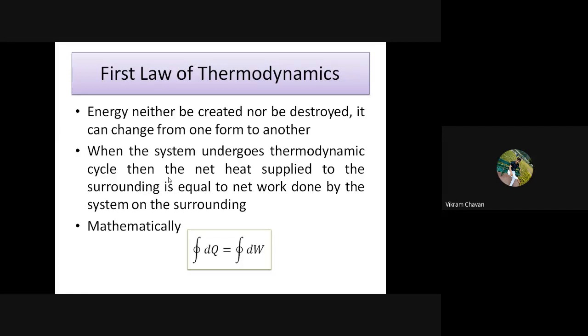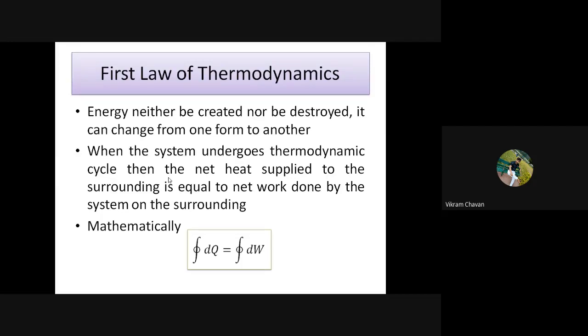In mathematical knowledge or in the implementation stage, we require some deep knowledge of this first law. So it will be mentioned in the second statement. When the system undergoes a thermodynamic cycle, then the net heat supplied to the surrounding is equal to the net work done by the system on the surrounding.